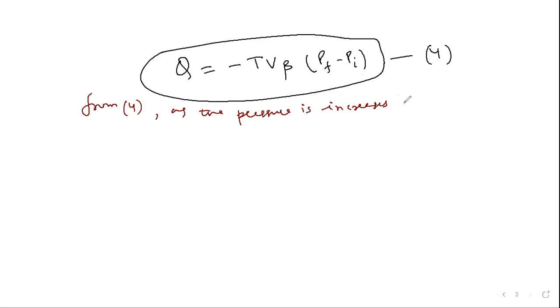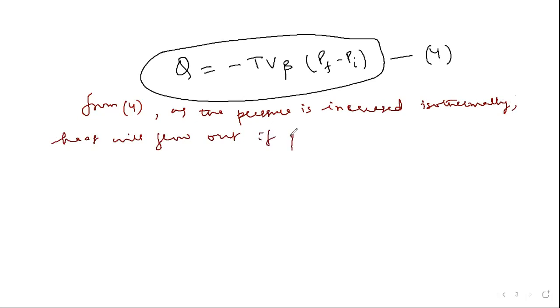As the pressure is increased isothermally, heat will flow out of the system, if beta is positive.